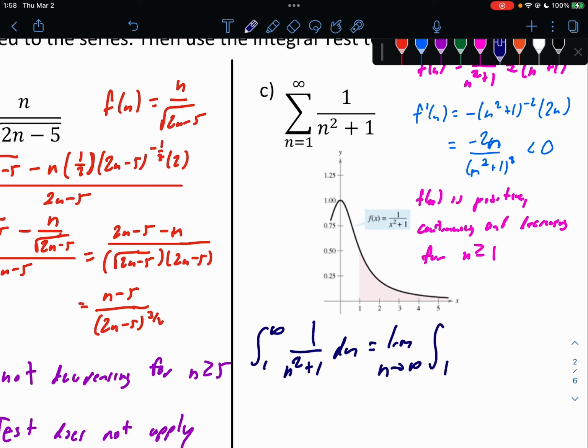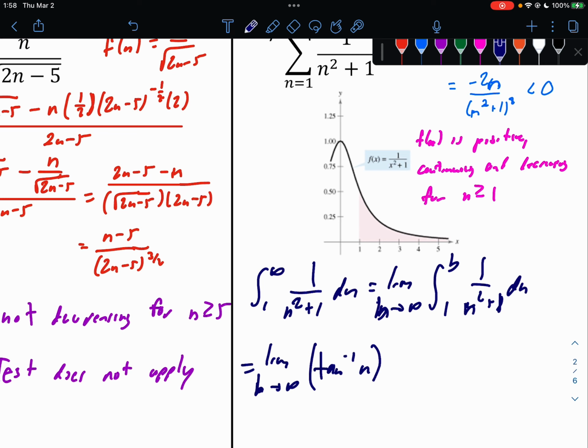So it's going to be the limit as b goes to infinity of tangent inverse, or arctan, whatever you want to call it, of n from 1 to b. So it's going to be the limit as b approaches infinity of tangent inverse of b minus tangent inverse of 1.